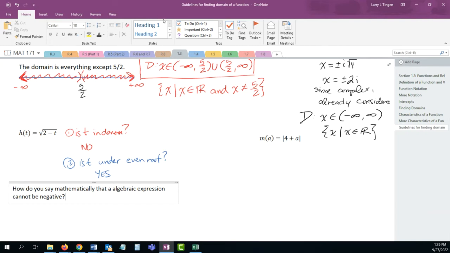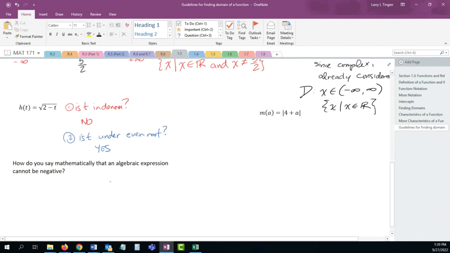If it can't be negative, what are the only other possibilities? If y is less than 0, that's all the values that are negative. So if those are not included, what values are? Good. So what's under the root has to remain positive or 0.